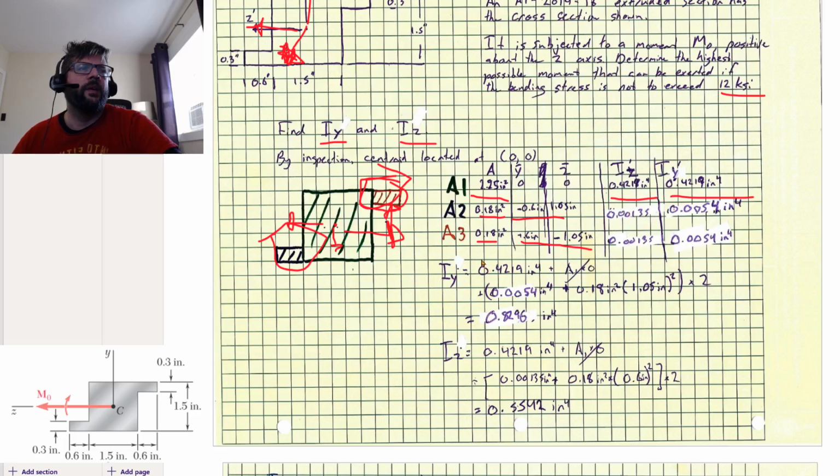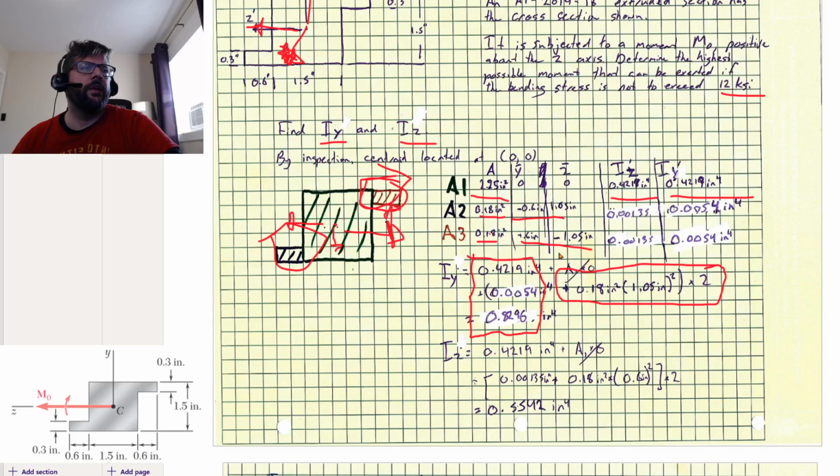So when we're finding the IY, we add together the IY primes, and then we also add together the area times the z distance squared in this case, because we're working in the zy plane.